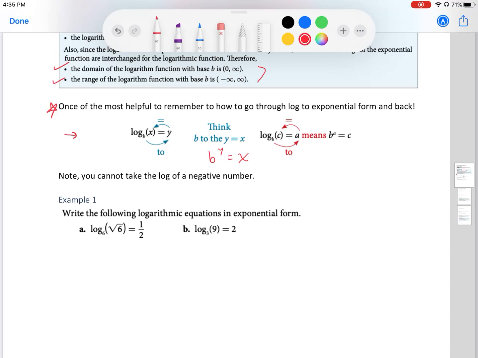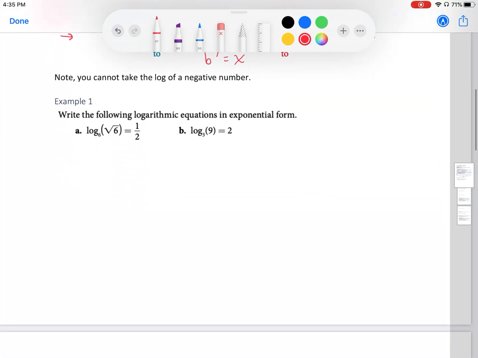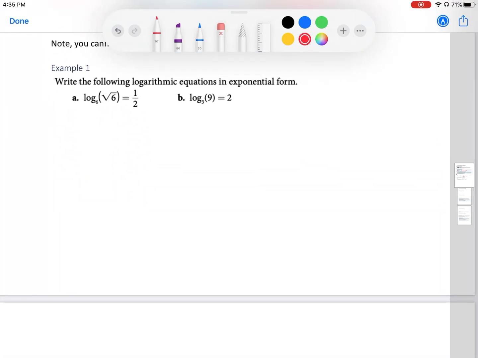We can also use that to go to logarithm form. Your base stays the same, so we have log base b of a equals c, like we have here. There'll be a lot of questions in your homework where you're simply asked to go back and forth, and we have a lot of examples in our notes to help us learn how.